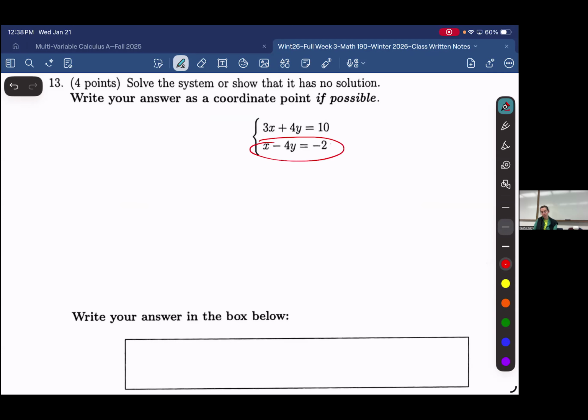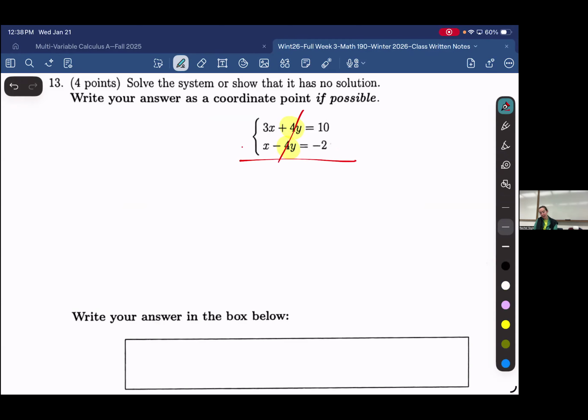And I'm going to take that second one and actually just add, well, actually, ooh, I do love substitution, but elimination is staring at me. Right, the 4y and the -4y. Yeah, let's do elimination.